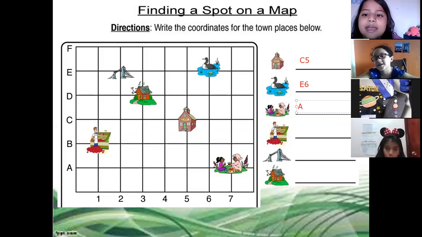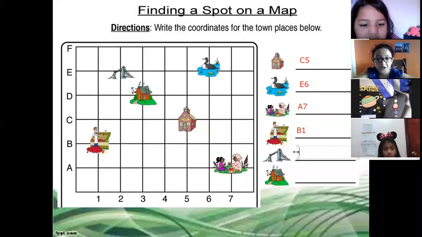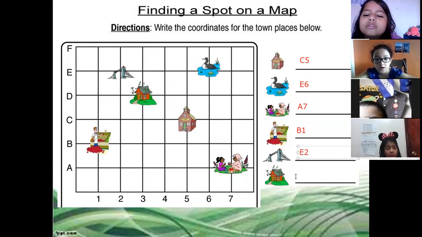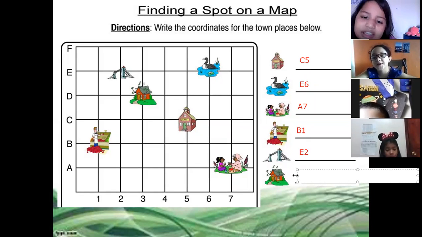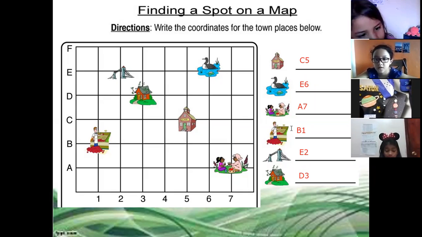A7. A7. This man, where is this grocery store? B1. B1. This bridge? E2. E2. And this old house? E3. So homework is like this. Very simple.